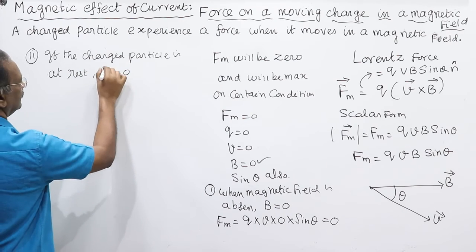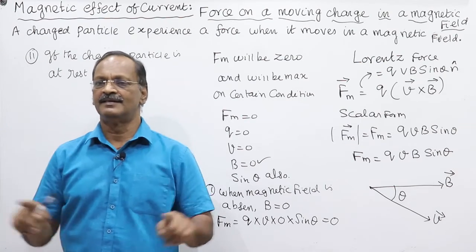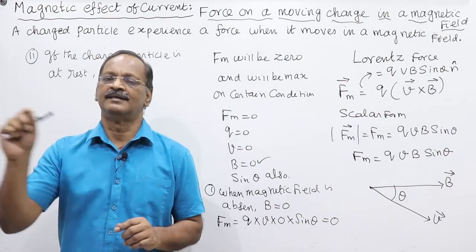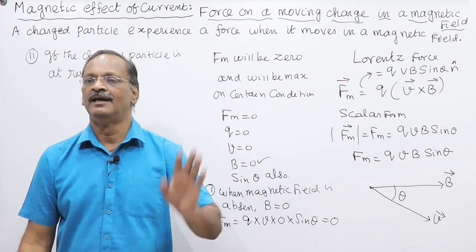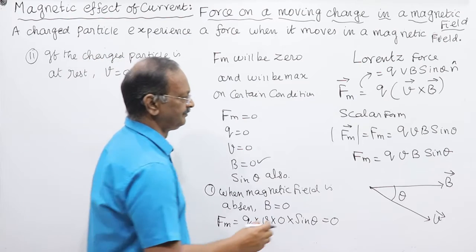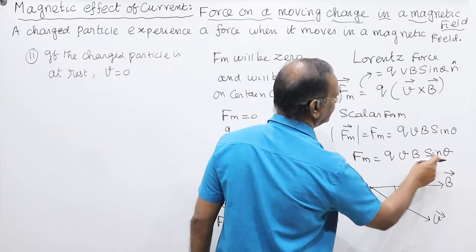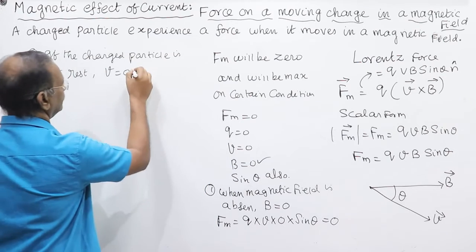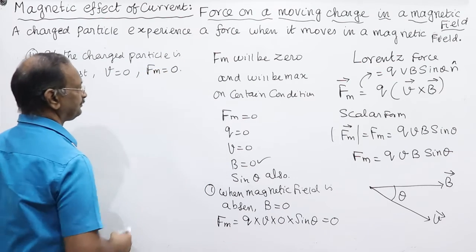Inside the magnetic field the charge is at rest. It is not moving. Only a moving particle inside the magnetic field experiences a force. If the charge is at rest, V is equal to 0. So the force maximum is Q into 0 into B into sin theta. That condition also, magnetic force is equal to 0.